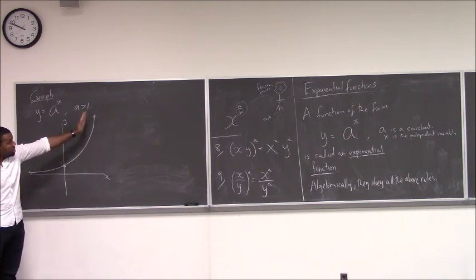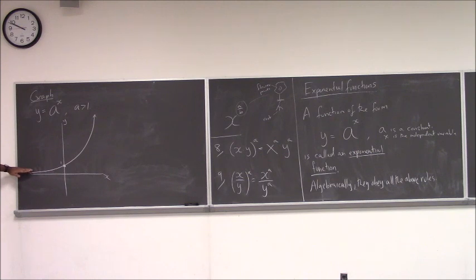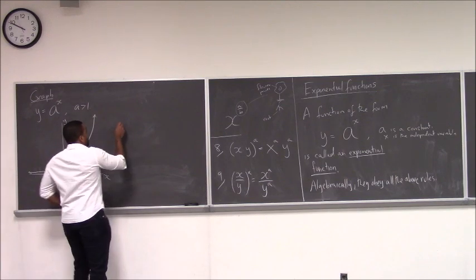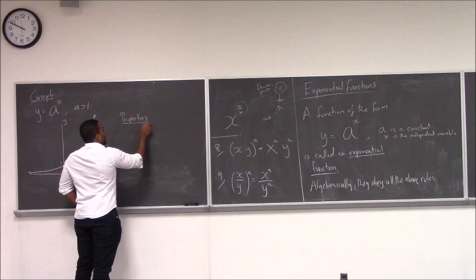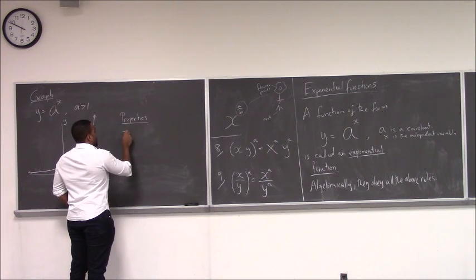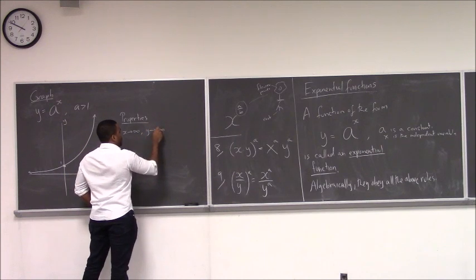In fact, it will increase faster than any polynomial eventually, and it decreases as your x becomes negative and starts getting more negative, and it approaches the x-axis asymptotically. It means it's never going to touch it. It just keeps getting closer and closer forever. So some properties that we have here is the fact that as your x approaches infinity, your function will approach infinity.